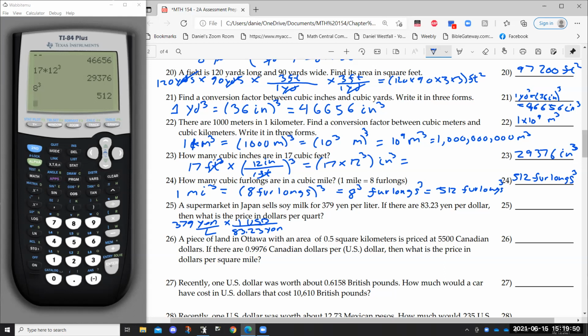Okay, but wait, we were in liters, so we need to find a conversion factor from liters to quarts. So let's look in chapter 2, see if it gives us any such conversion factor. I do not believe that we found it already in this section.